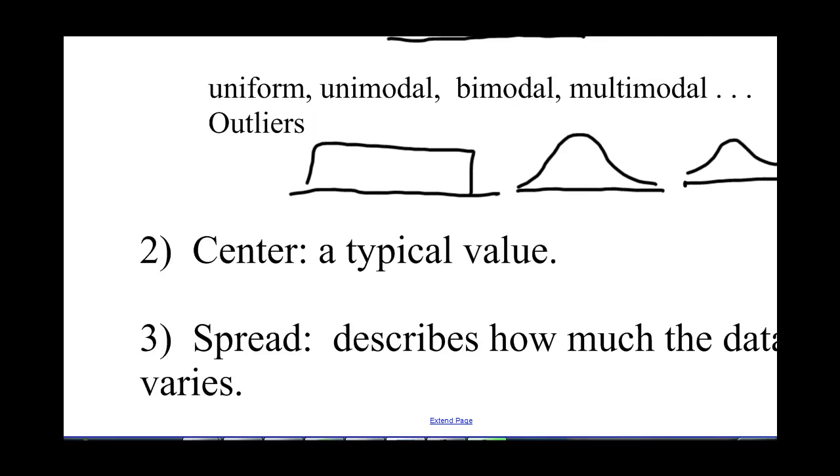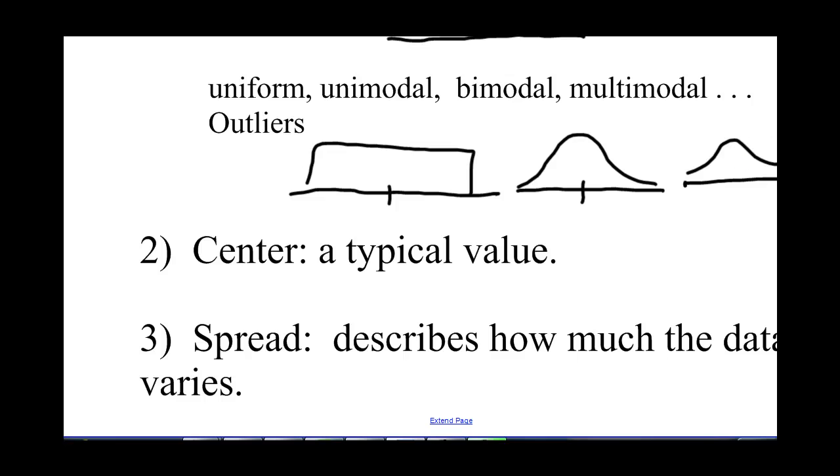And center would be the typical value. And we will be discussing various values for the center, primarily the median and the mean. So if I were looking at this data set, my center would be approximately in the middle. For this data set, my center would be at the mode, the most frequently occurring value.